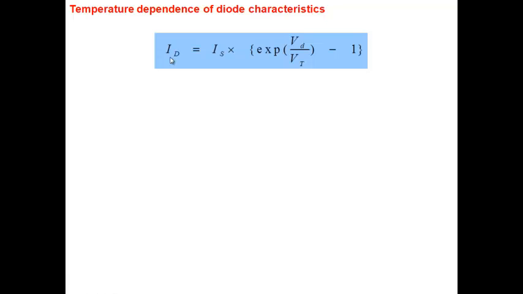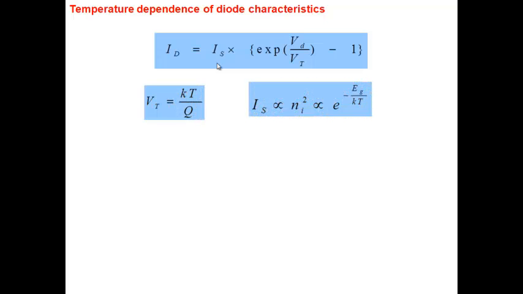As you increase the temperature, yes, this term goes down, but this term goes up. IS, the saturation current that you see here in the diode, changes very rapidly with temperature. So this term is decreasing and this term is increasing, and it turns out that this term is dominant compared to this one.